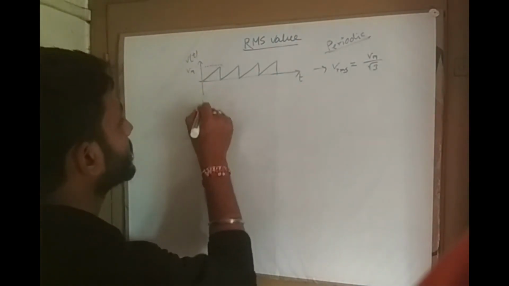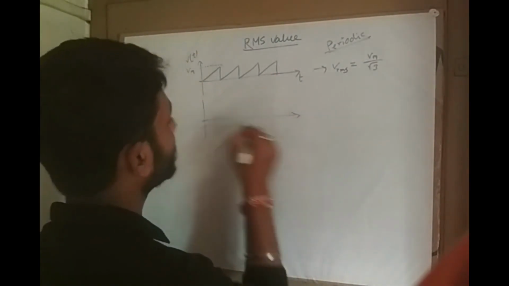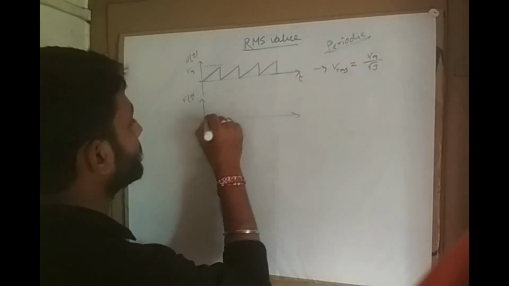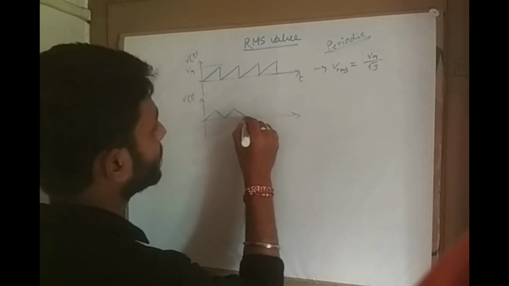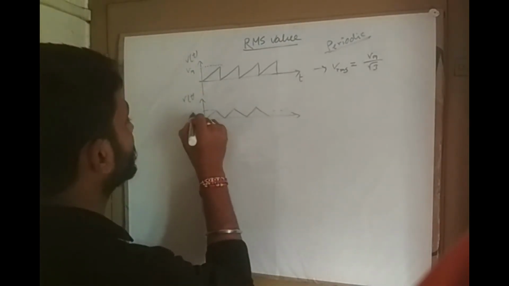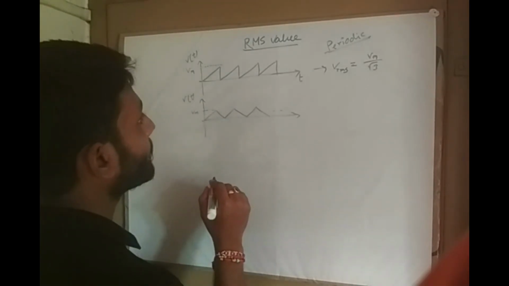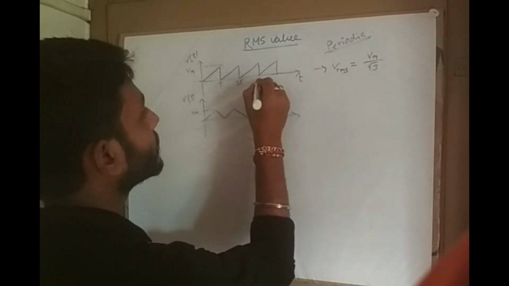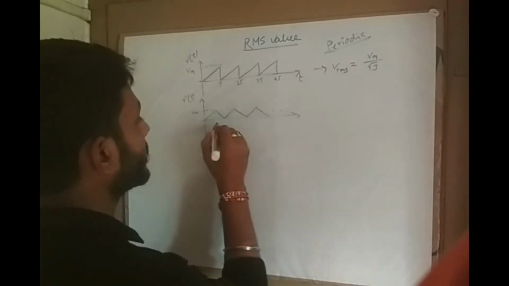Okay. The triangular wave shape can also be like this, the same, repeated. And this is the maximum value. This is T, 2T, 3T, 4T.